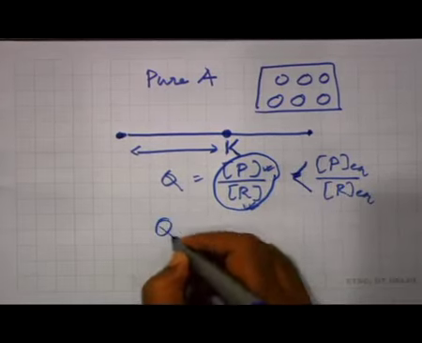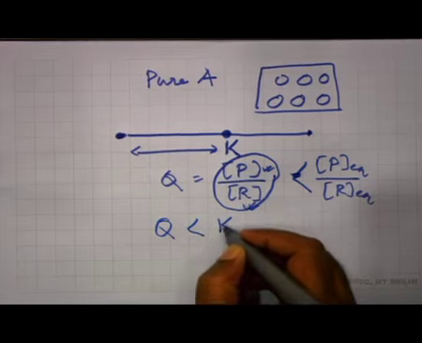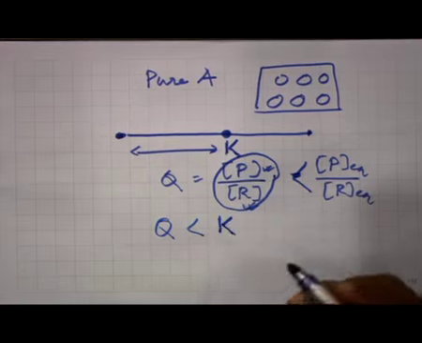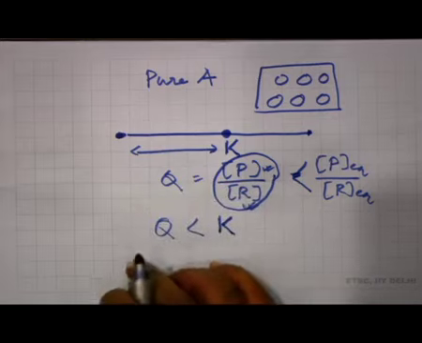So, Q is less than K before equilibrium is reached.